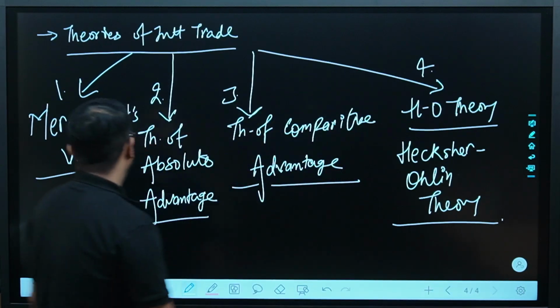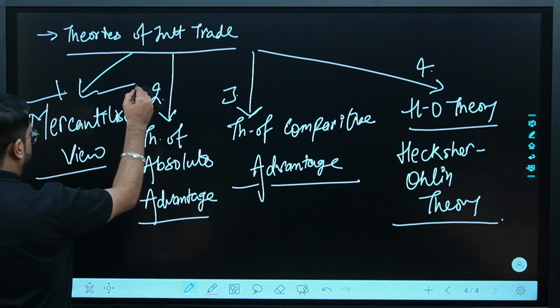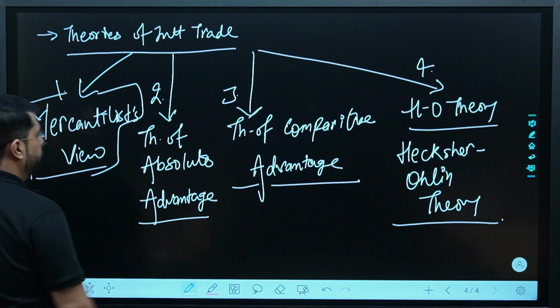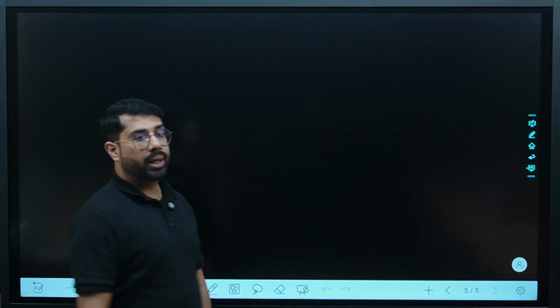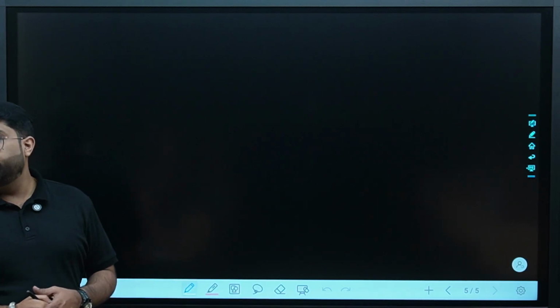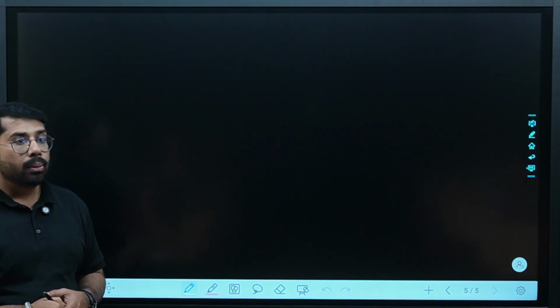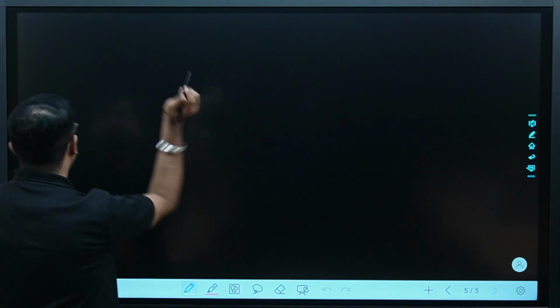So we are going to move in with the very first theory, that is mercantilist view. Who is mercantilist? Business person. Businessman. The person who is doing business. Okay.